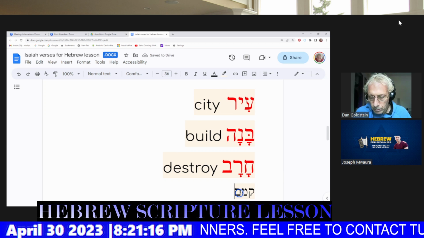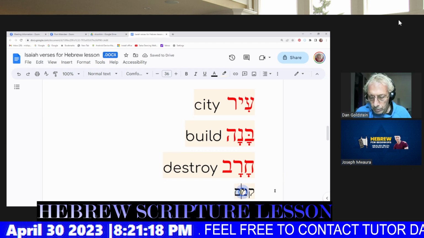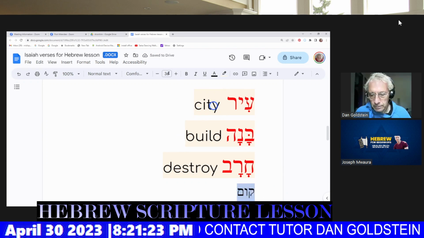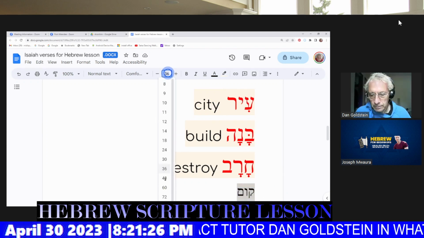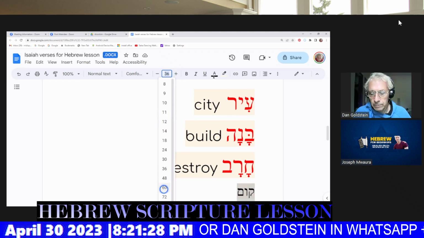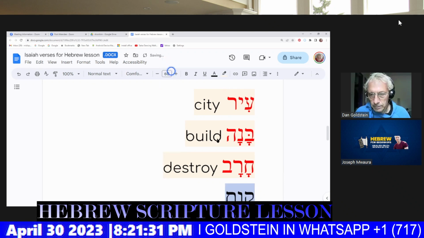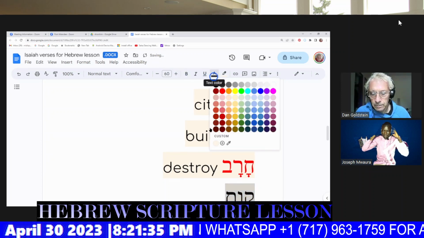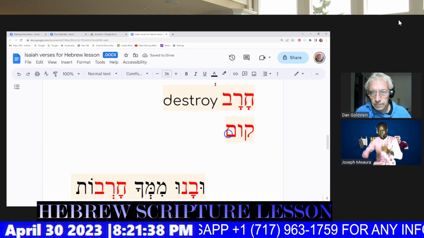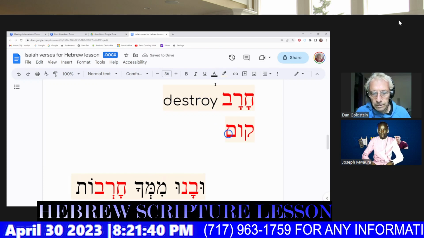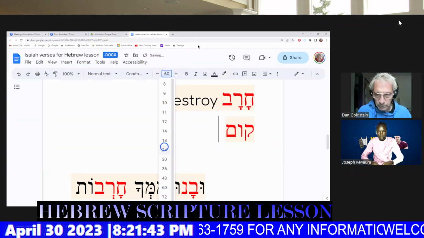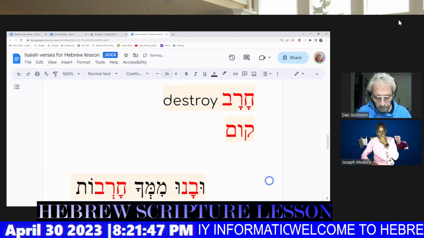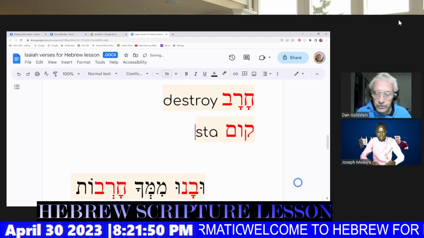Or even, we could change this, make it a larger font, and we can make it red. And this word has the meaning to stand. Whoops, we have to go into English now. Kum is the shorish for stand.